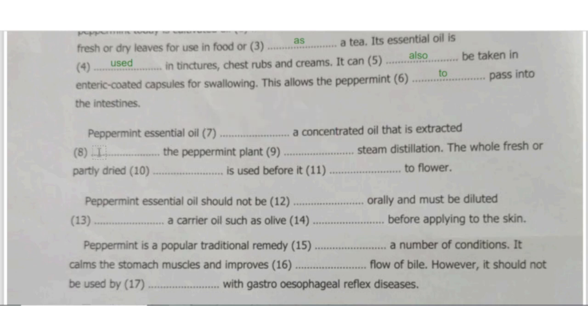Peppermint essential oil is a concentrated oil that is extracted. So here we can put the word is. A concentrated oil that is extracted.